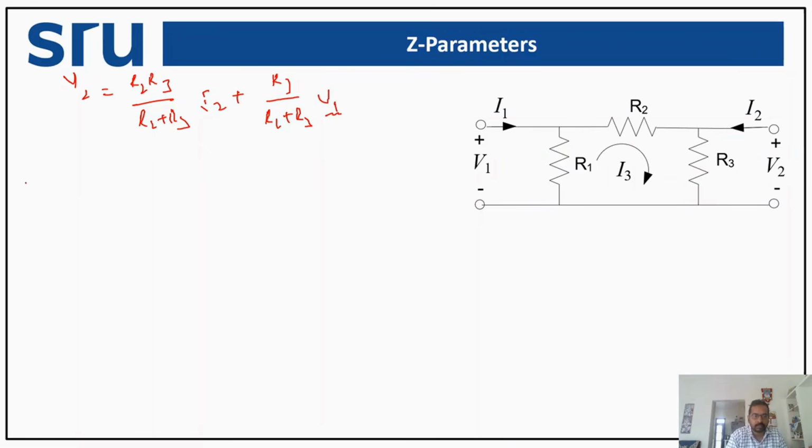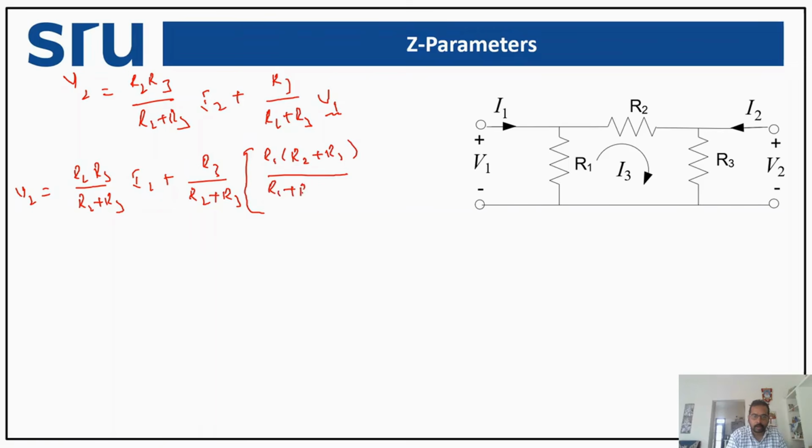So by substituting that one, my V2 is equal to R2 R3 divided by R2 plus R3 into I2 plus R3 divided by R2 plus R3 into multiplying it R1 R2 plus R3 divided by R1 plus R2 plus R3 into I1 plus R1 R3 divided by R1 plus R2 plus R3 into I2.